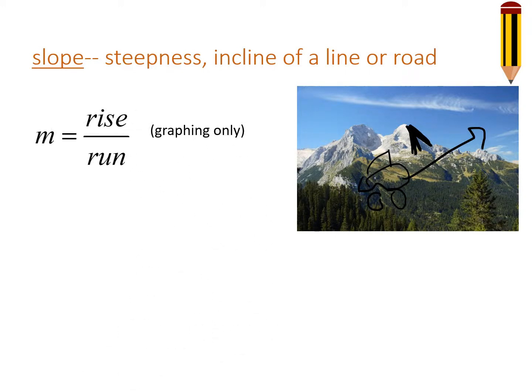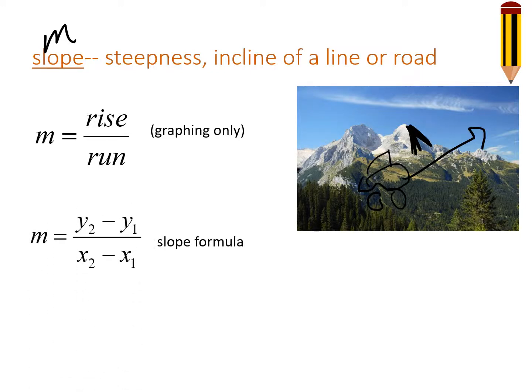So how we recognize slope algebraically or with an equation is we've always called slope the variable m. And we've called m equal to the rise over the run. So if you're looking at a graph with a line, and if you want to figure out the slope, we find it using that formula, rise over run.